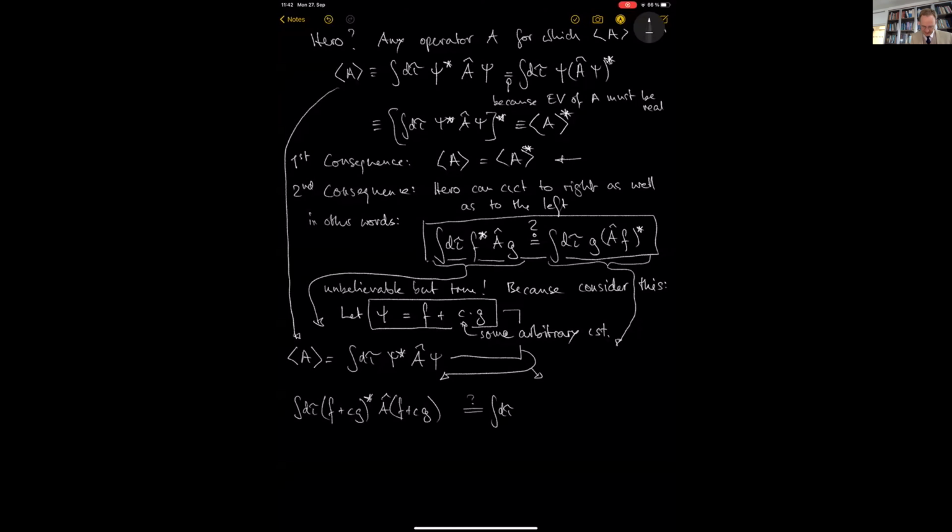So this expression here is just our psi star A psi, okay? And on the right, you do it in complete analogy. Here on the right, we have our A star, okay, that's going in here on the right. So our A star is f plus cg. That's our psi.